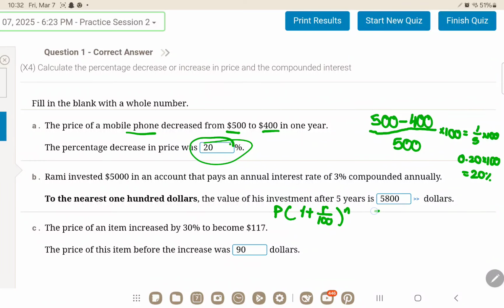Sorry, it's R over 100. So P is 5,000 times 1 plus 3 over 100 to the power of the amount of years, so 5.